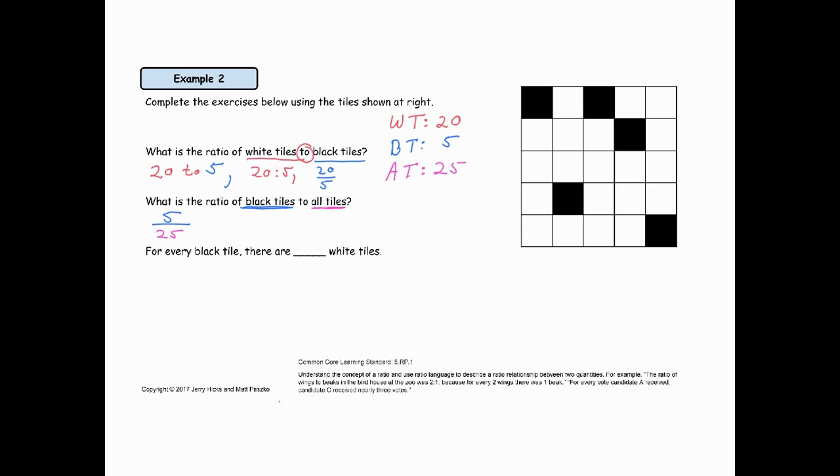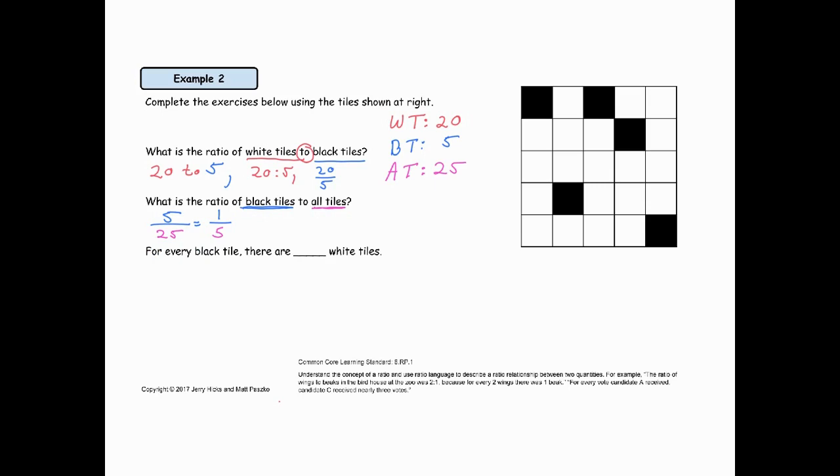So 5 divided by 5 is 1. 25 divided by 5 is 5. So the ratio 5 to 25 is equal to the ratio of 1 to 5. Either one of these answers would work for us.